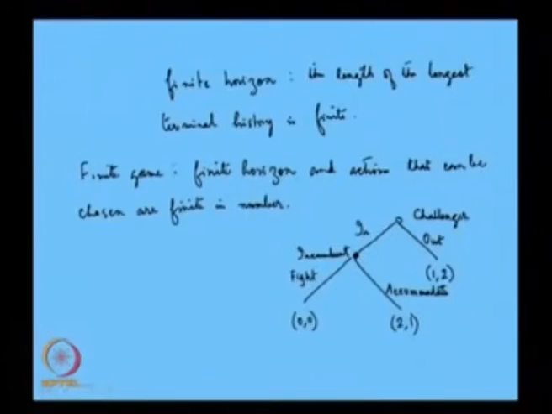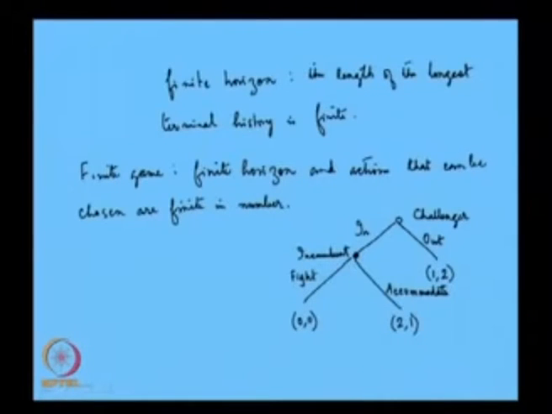Now, the obvious question to ask is, if this is how a game looks, then what is the solution of a particular extensive game? How can we predict that this is the sequence of moves that will probably take place? By solution we mean, what is the likely outcome of a particular game?